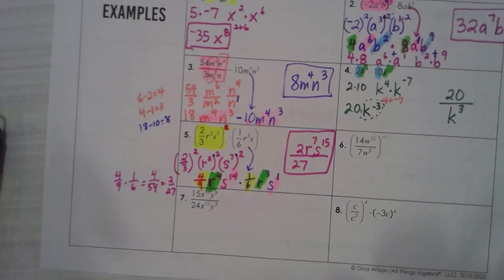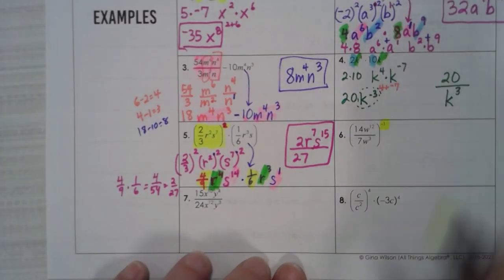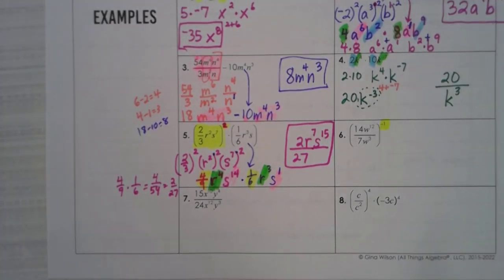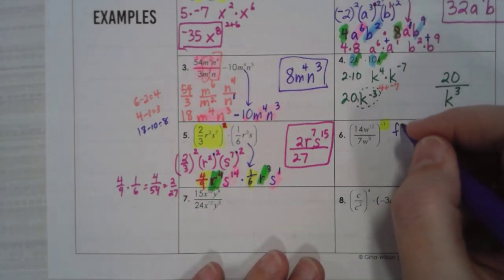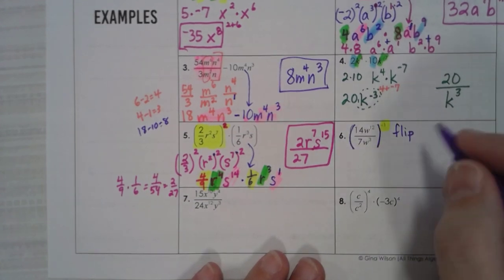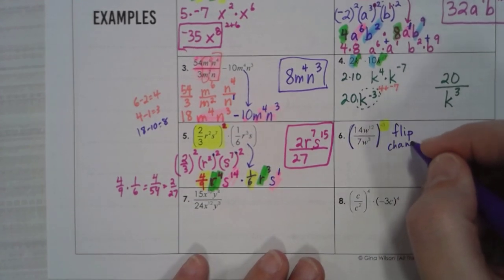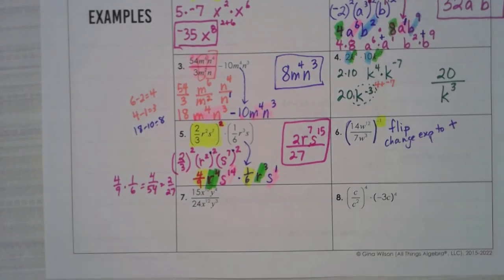All right, so on number 6, see how it has this negative 1 exponent? I don't want a negative exponent, so what I can do is just flip this whole fraction before I start and change the exponent to positive. I just flip the whole thing upside down and get rid of the negatives.